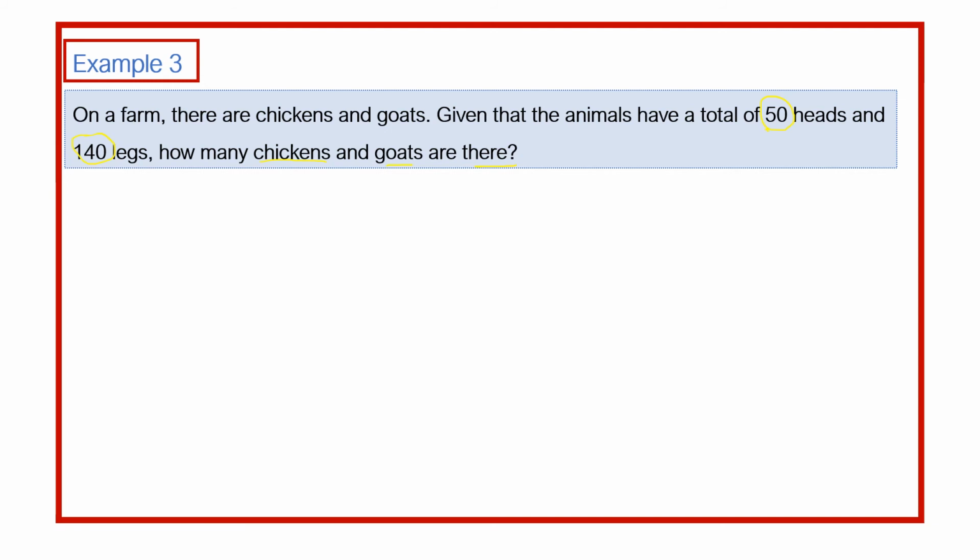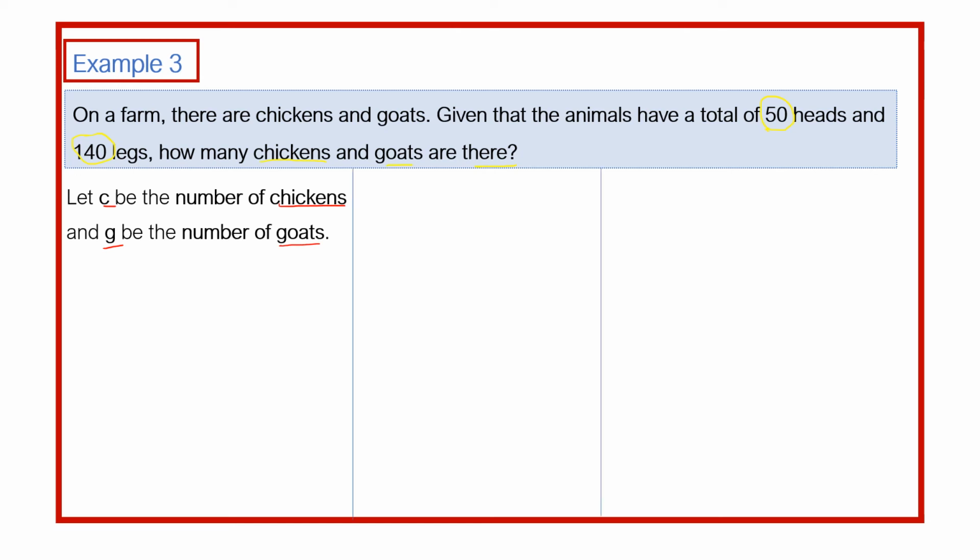You see? So we say that let C be the number of chickens and let G be the number of goats. So we can come up with a pair of simultaneous equations.